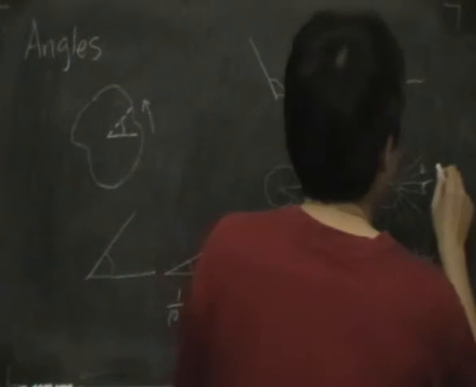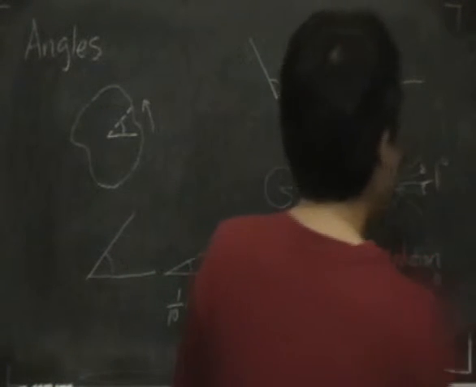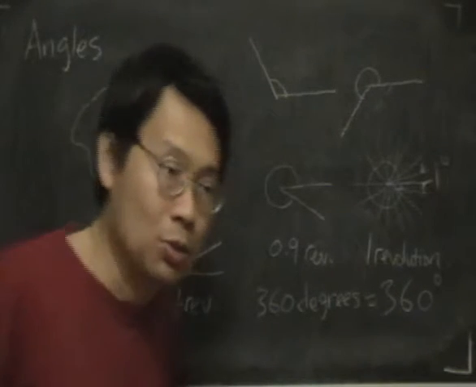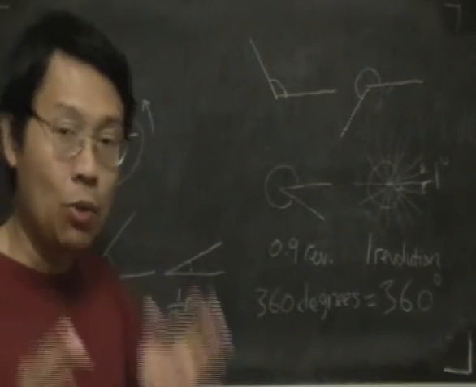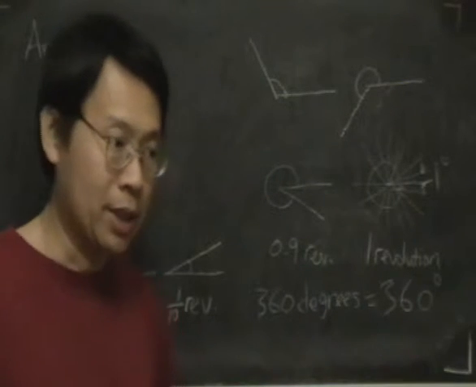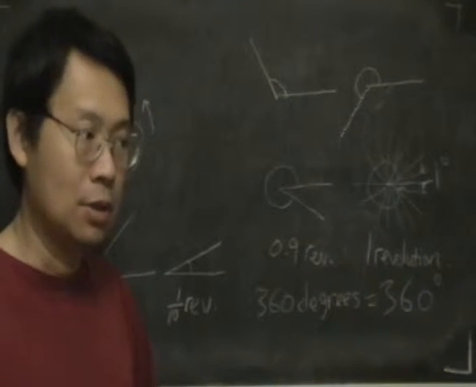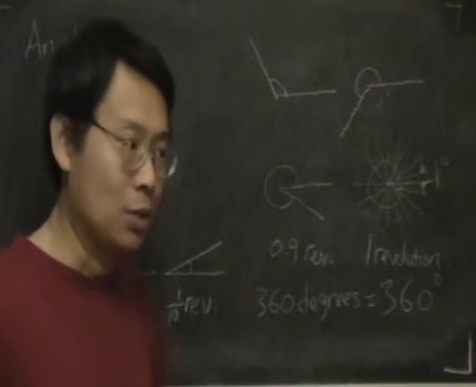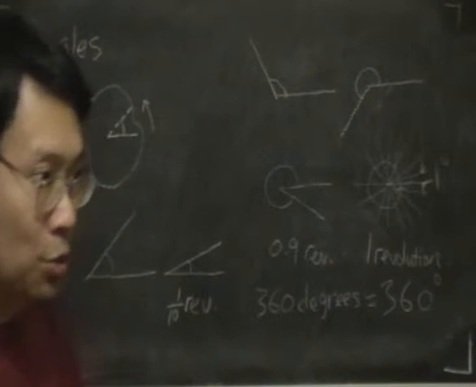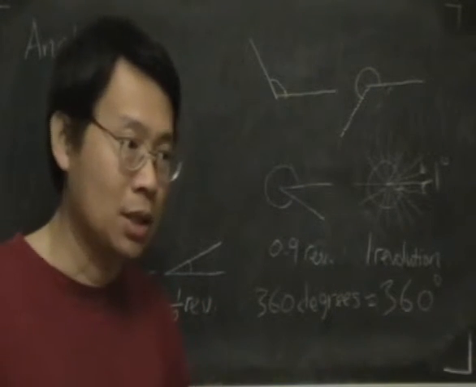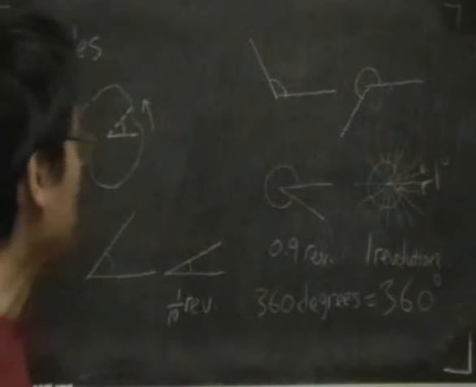Okay, this is just for illustration, so that might be 1 degree. Now to get an idea of what 1 degree is, you can look at a protractor. So you might already have a protractor. It is a tool to measure angles, just like a ruler is a tool to measure length. So a protractor is a tool to measure angles.